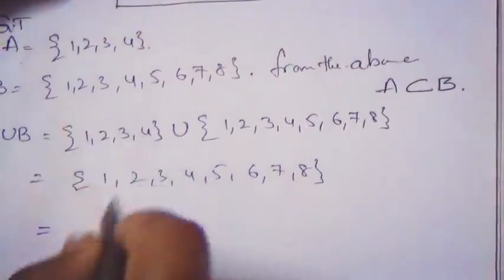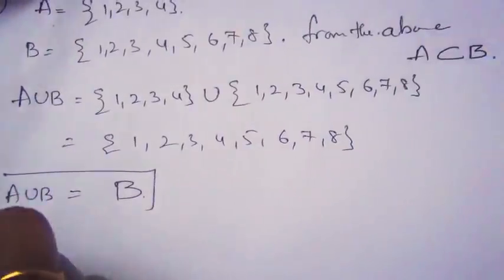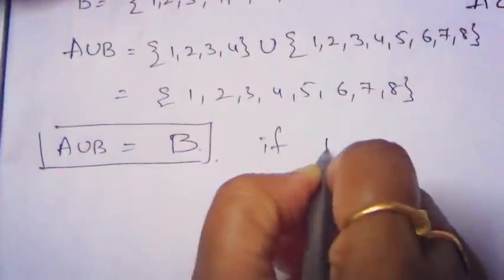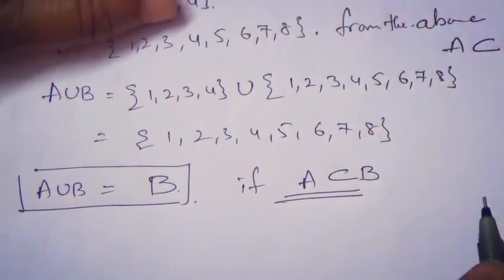So it is the set B. So A union B is equal to B if A is a subset of B.